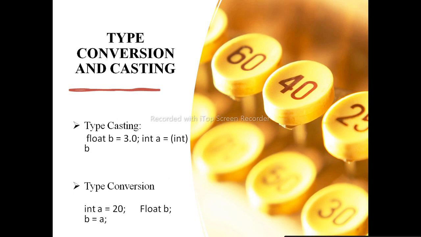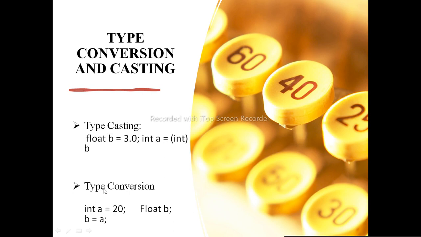If the source and destination types are incompatible, at that time we can do type casting. That is, float b = 3.0 is a fractional number, and we are explicitly casting, it means explicitly feeding, int a = (int) b.